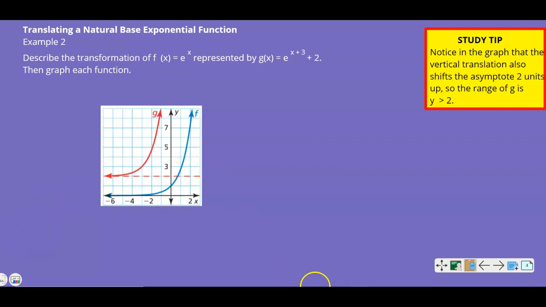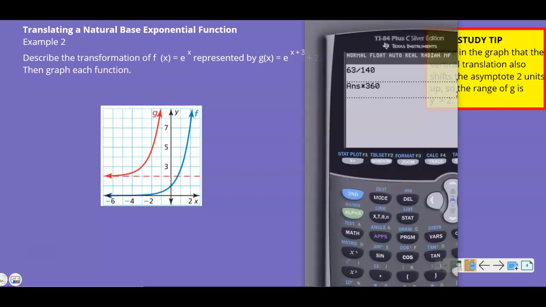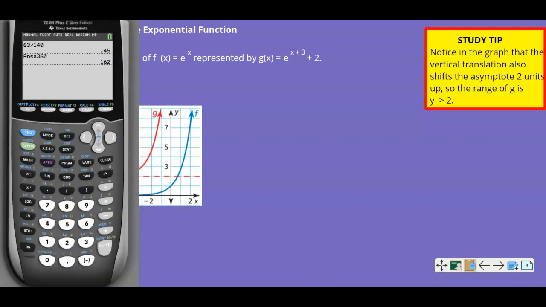Now, I want to show you on the calculator. You probably already know this, but if you're graphing functions using your TI-84, it's nice to know where certain buttons are. So you can see right here is the E button. So if you want to graph y equals e to the x, so you graph y equals, oh, I didn't push the second button.